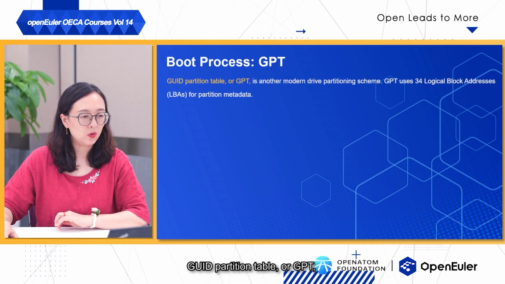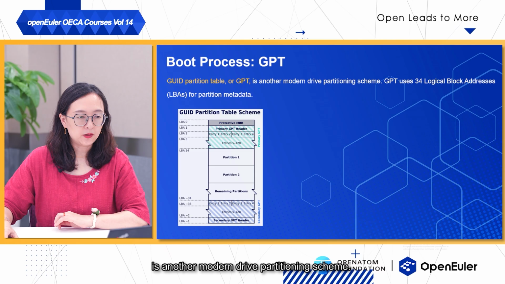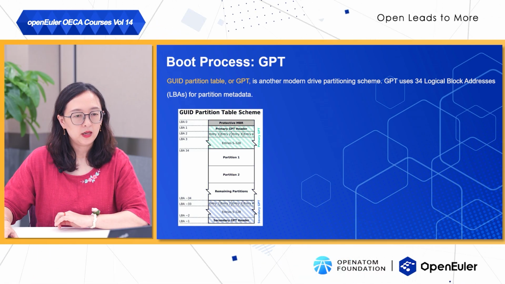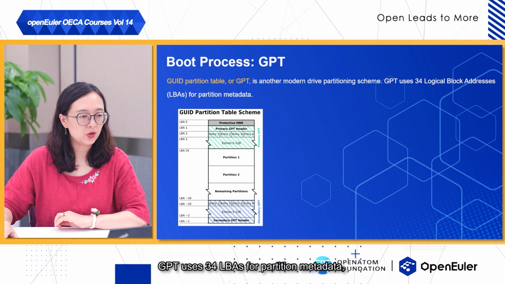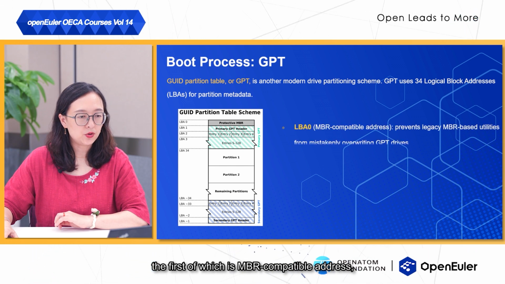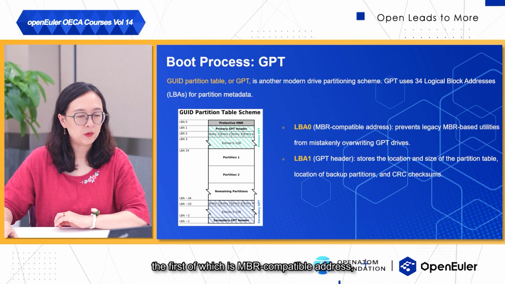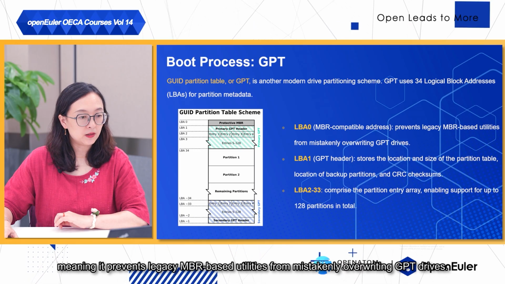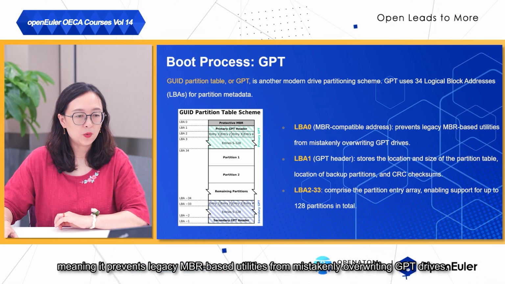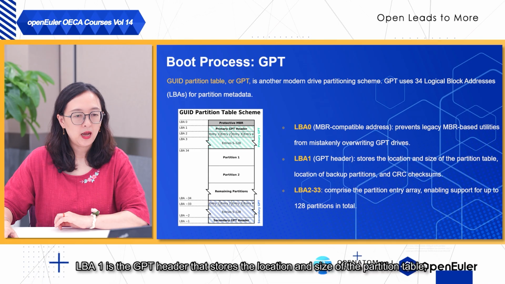GUID partition table, or GPT, is another modern drive partitioning scheme. GPT uses 34 LBAs for partition metadata, the first of which is an MBR compatible address, meaning it prevents legacy MBR-based utilities from mistakenly overriding GPT drives.